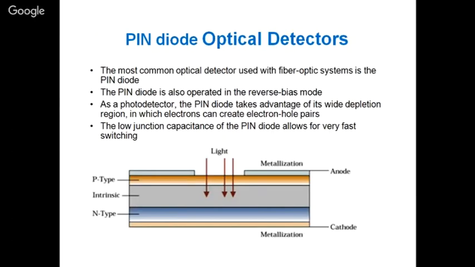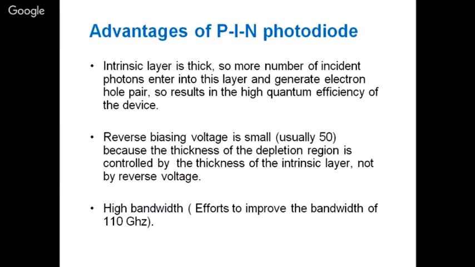Here is another way of showing it: the top layer will be metallization, below also will be metallization, and in between you have P, I and N. The advantage is that the intrinsic layer is thick, so more incident photons enter this layer and generate electron hole pairs. The result is high quantum efficiency of the device.